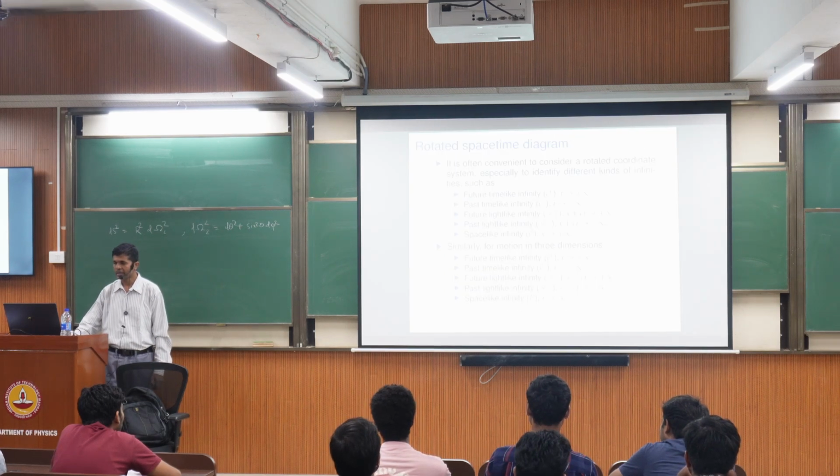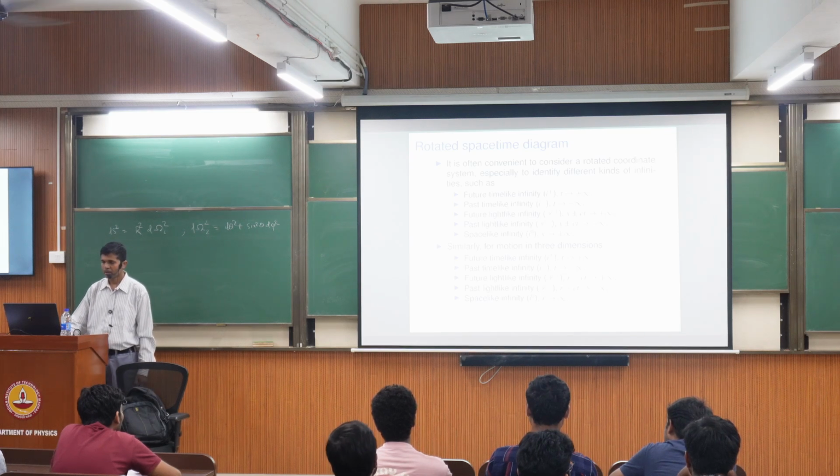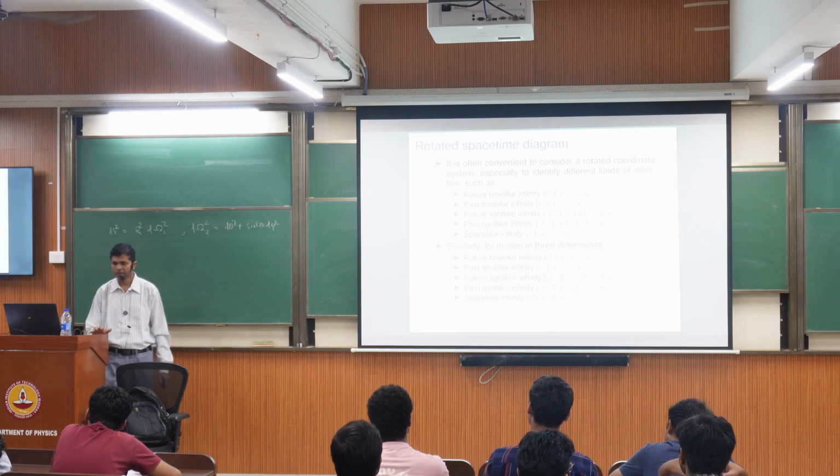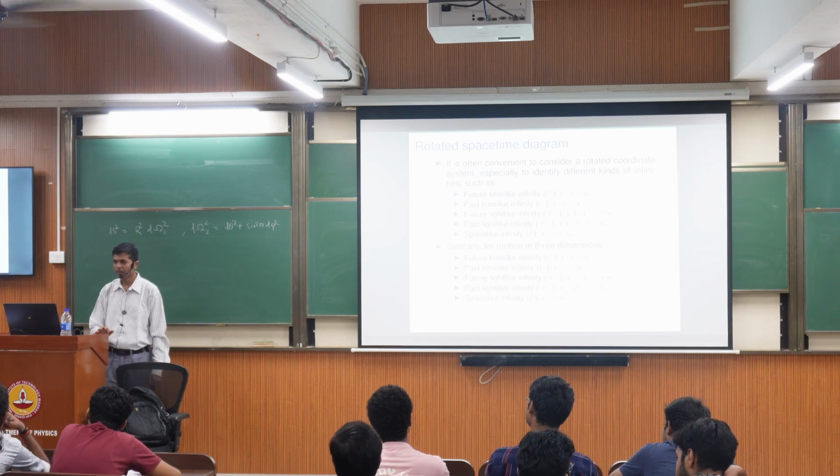It is obtained by taking x plus ct goes to plus infinity, whereas this one is obtained by taking x plus ct equal to minus infinity. These are for right moving signals, and the minus sign is for left moving signals. Similarly, space-like infinity is denoted by I0.